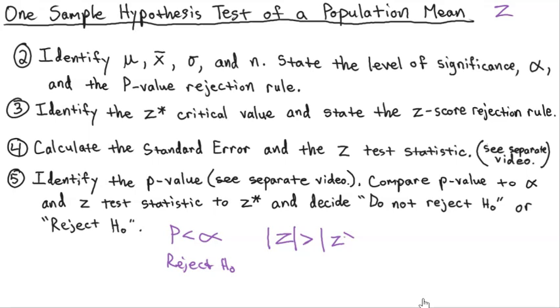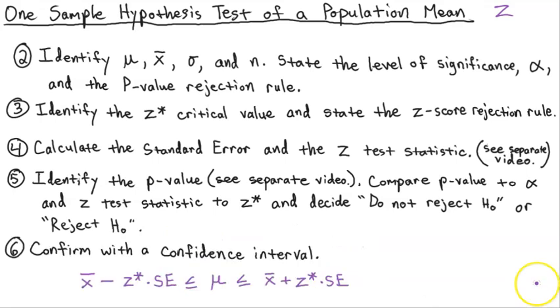So if the absolute value of the z statistic from step 4 is greater than the absolute value of the critical z statistic from step 3, then you reject the null hypothesis. But if the absolute value of z is not greater than the absolute value of the critical value, then you do not reject the null hypothesis. We're going to do some examples of this in the next video.